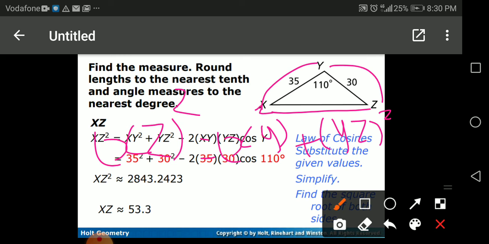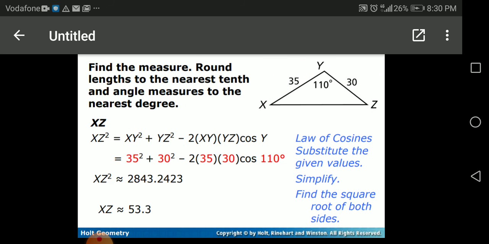In other words, if this is a and this is b and this is c, a² equals b² plus c². Remember, minus 2 times b and c, which is XY and YZ. I know that you got it now.